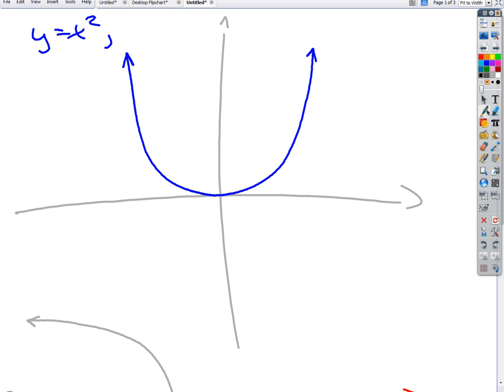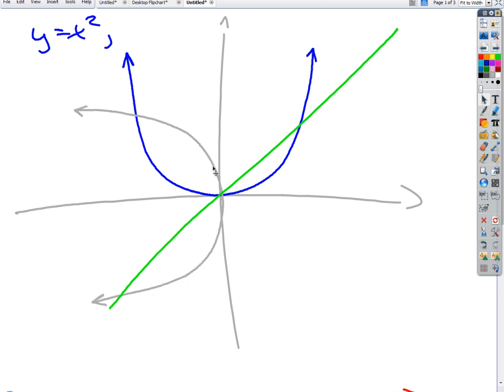Now, if I want to find the inverse of that, I gave you a recipe for doing that. If this is the diagonal line, y equals x, it's got to be the reflection of that over that line. That's a little hard to do, though, so let's do it in 2 steps. Let's take the blue parabola, and first of all, let's just rotate that 90 degrees counterclockwise. Okay? And then what do I do?